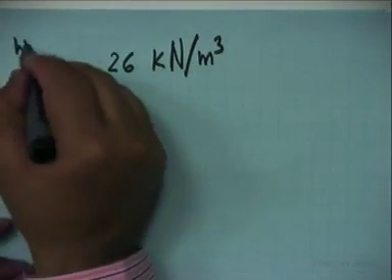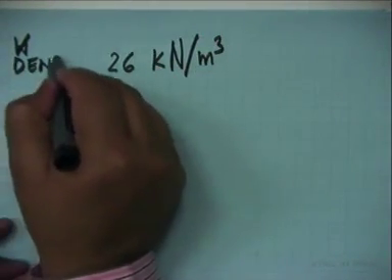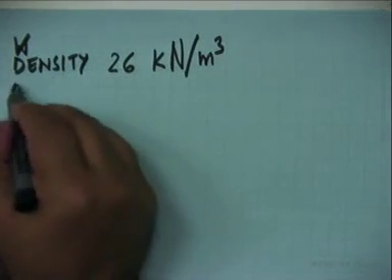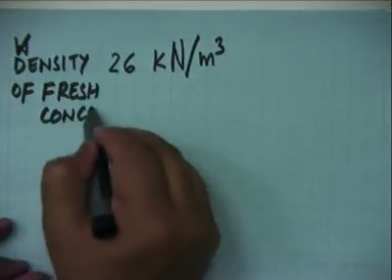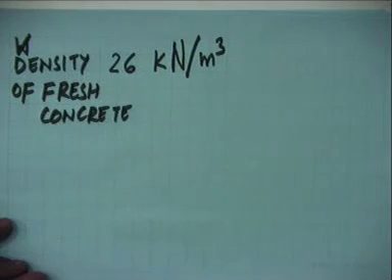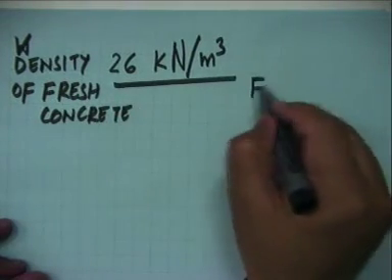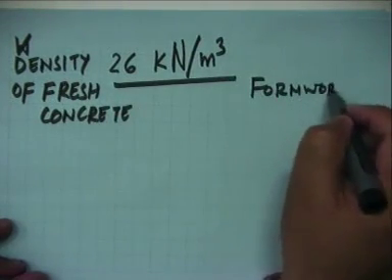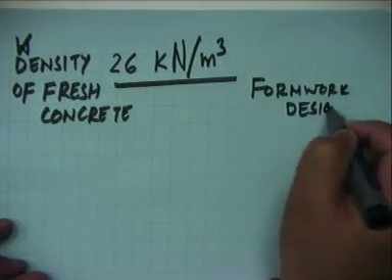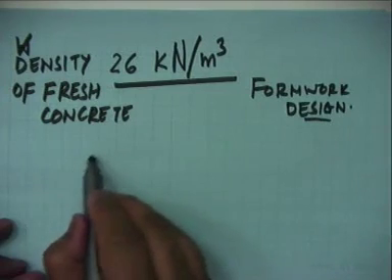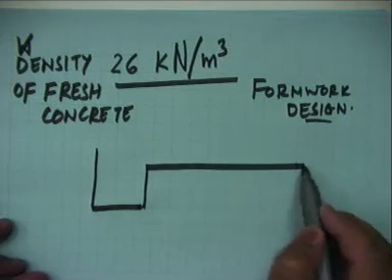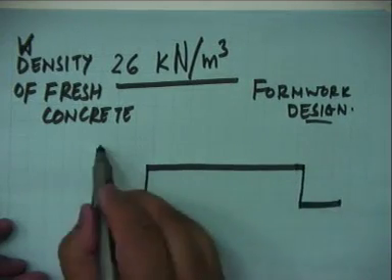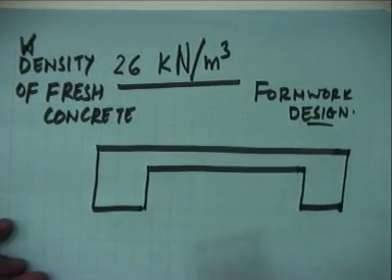So, the density of fresh concrete, you can assume it to be 26 kilonewton per cubic meter for formwork design purpose, right. So, if you have to calculate the weight of, let us say this is your slab and beam, right.